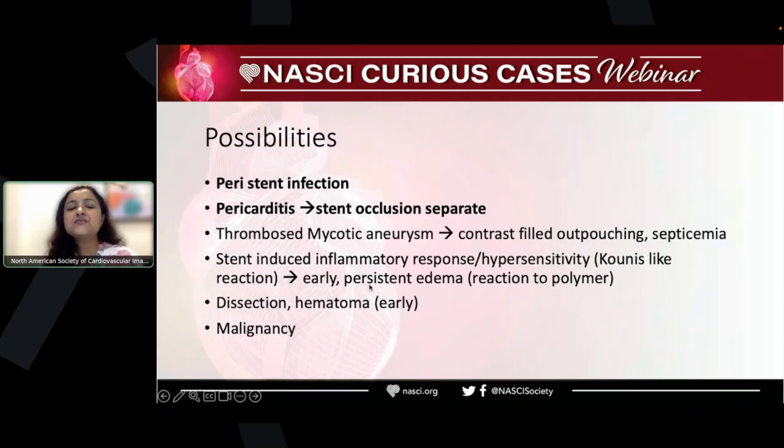But this was less likely the cause because this complication is not usually seen with the newer generation stent. Having said that, it is not absolutely impossible. And then dissection, hematoma surrounding the stent, malignancy were other considerations. But the peristent infection was the first in our differentials.